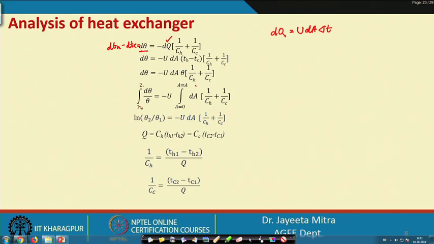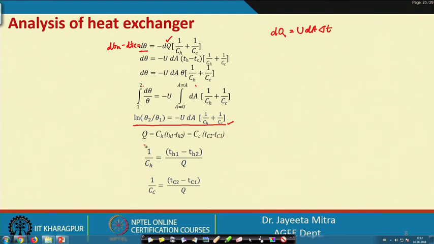So, integrating d theta by theta from 1 to 2 is equal to minus U, integral from A equal to 0 to A equal to A of dA, into (1 by Ch plus 1 by Cc), and we finally get the equation ln theta 2 by theta 1 equals minus U A (1 by Ch plus 1 by Cc), that is 1 by the heat capacity of the hot fluid plus 1 by the heat capacity of the cold fluid.